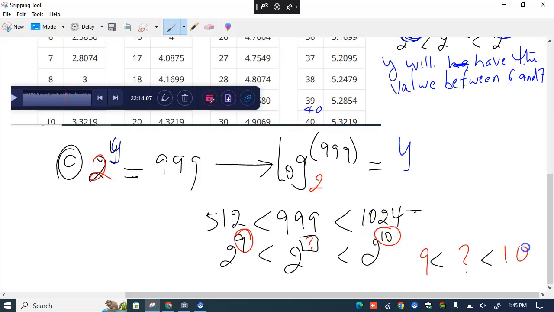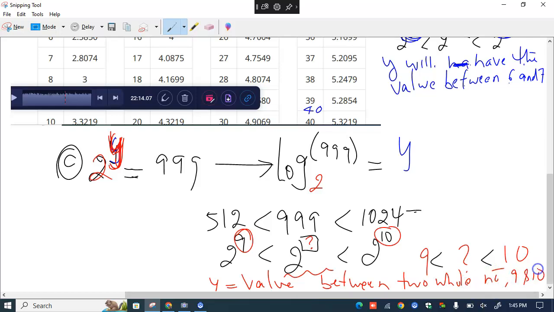So if they ask us what is this y, this y is a value between two whole numbers, 9 and 10, and you're done.